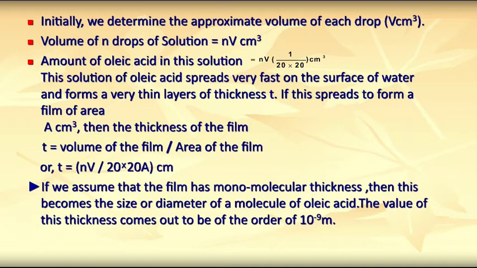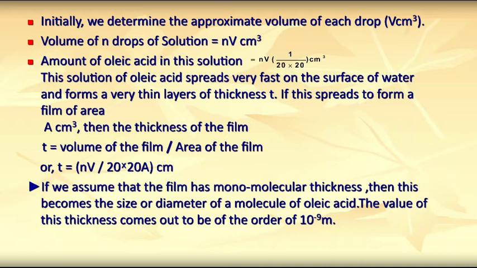If this spreads to form a film of area capital A centimeter square, then the thickness of the film is given by small t. So this thickness of the film is given by the equation t is equal to nV upon 20 into 20 A centimeter.